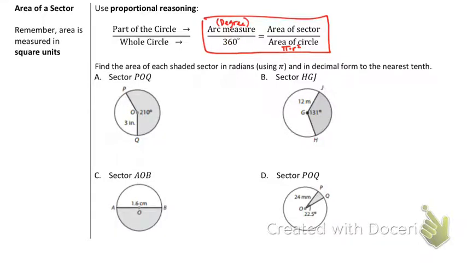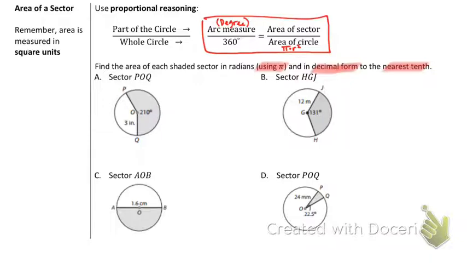All right, so let's try example A. We're going to find the area of each shaded sector in radians, so using pi, and we're also going to do it in decimal form. So we're going to answer this in 2 parts: the exact form using pi, and then decimal form to the nearest 10th place. So every problem we do is going to have 2 answers.